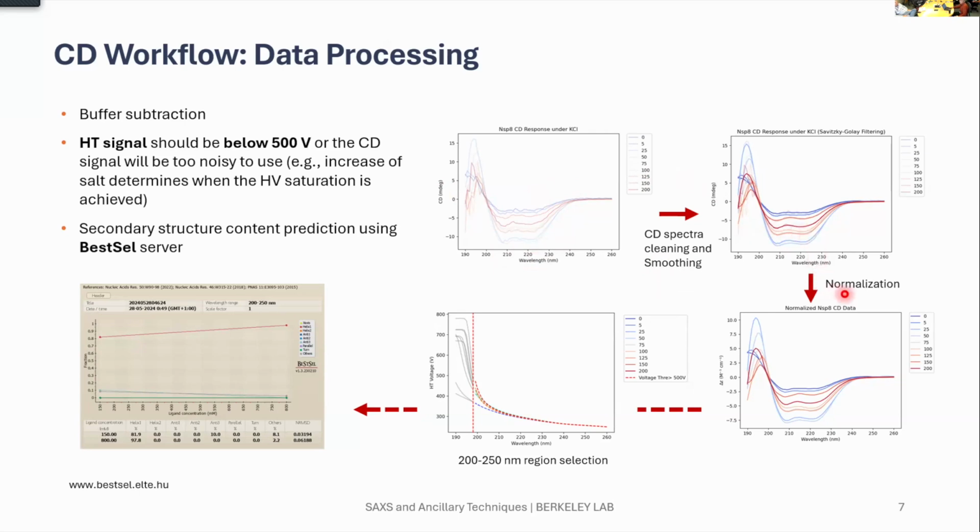Next is data smoothing with some computational tools, and normalization, which means that we divide our raw values by concentration, number of residues in the protein, and path length of the light, so we have our spectra comparable across different experiments and samples.